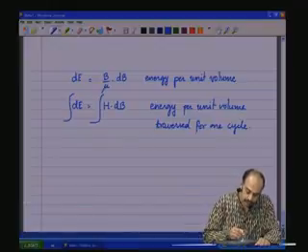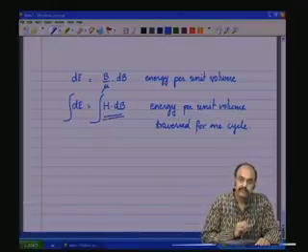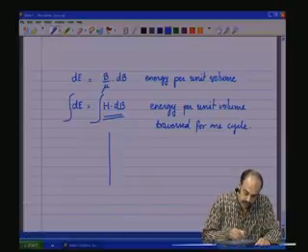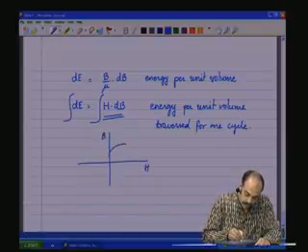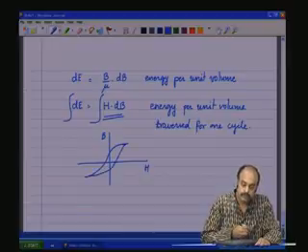Now, what is this? From the BH loop, we have this.